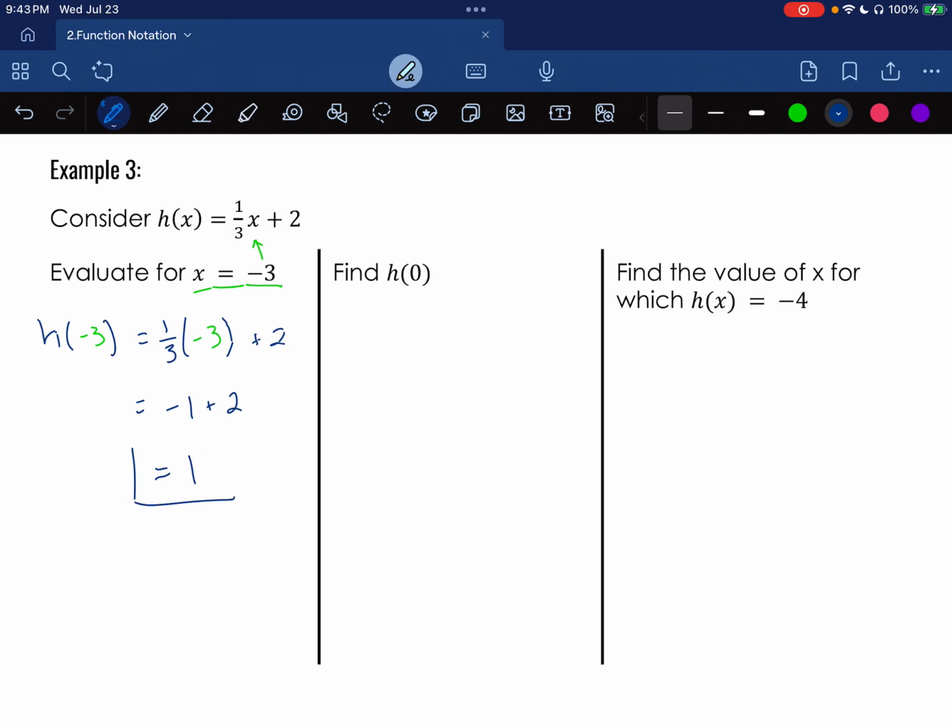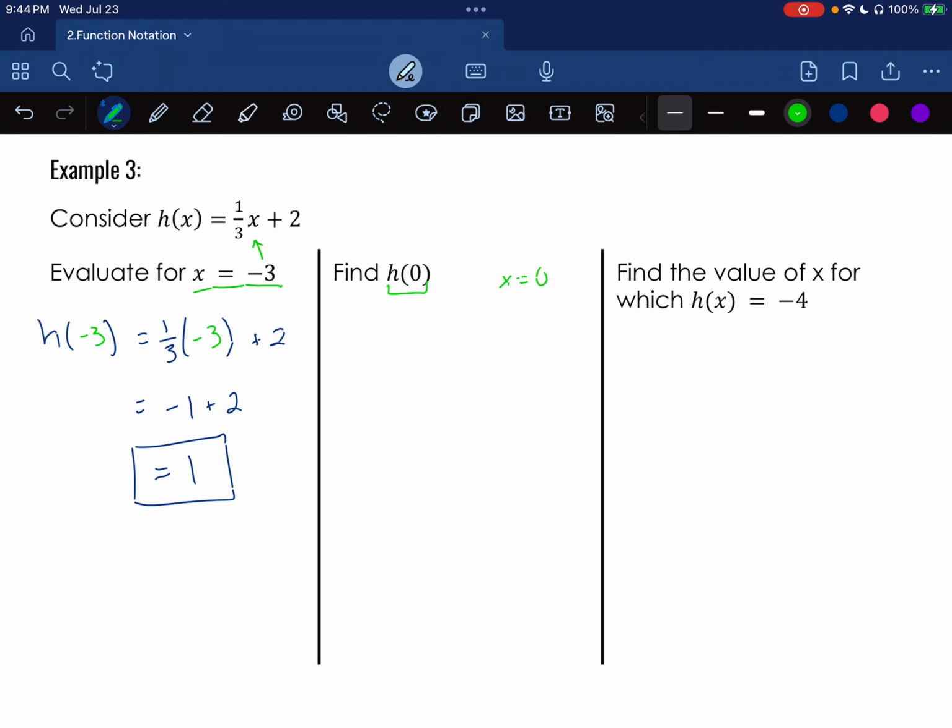Now, I can ask nearly the same question using this notation here. When I say find h of 0, it's also like saying let's evaluate for when x is equal to 0. I guess I do lazy color coding.